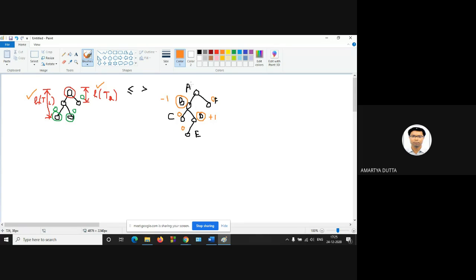What is the balance factor of node A, the root? -1? Is it -1? Sir, minus 2. Why 2? Because B and F lie at the same level. So in the case of node A, what is the height HTL? 1, 2, 3. So height 3 minus H of TR, the height of the right subtree, which is 1.